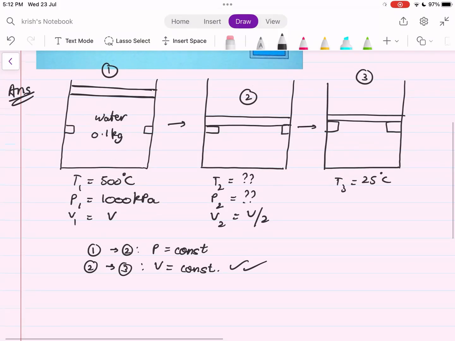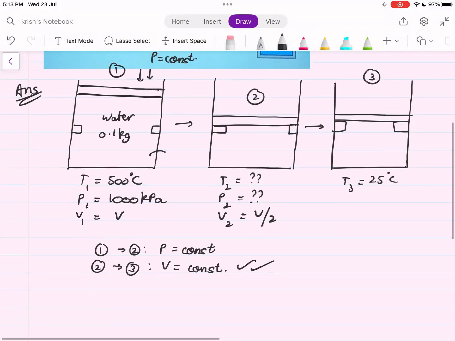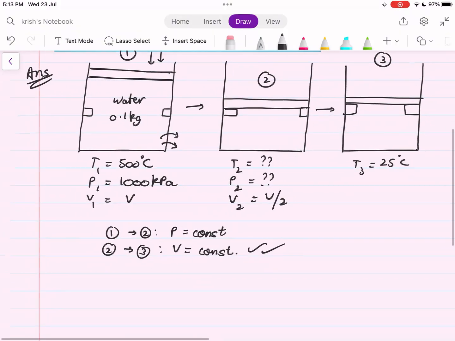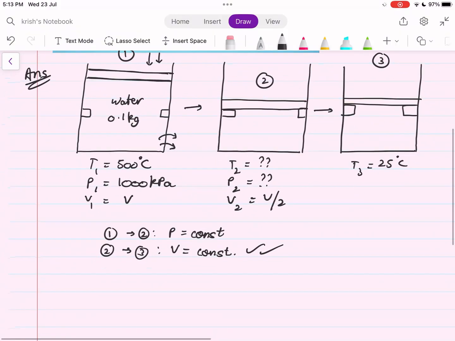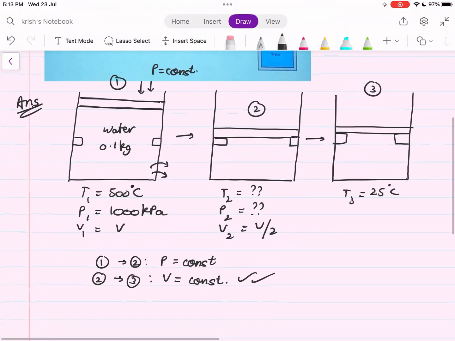To explain this, you can think of it like atmospheric pressure is constant and that will force the piston down. Some form of energy loss will be occurring here, whether it be heat or something, and that will result in the piston moving down at constant pressure because the atmospheric pressure that is forcing it down is constant.